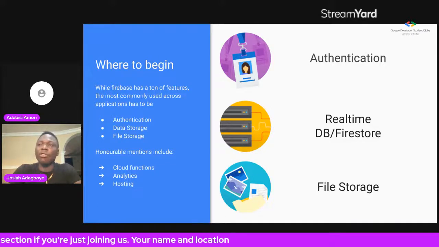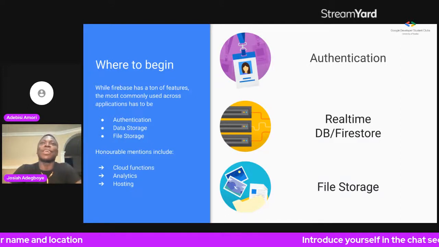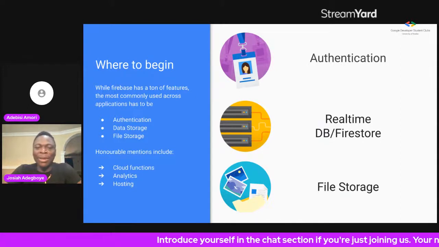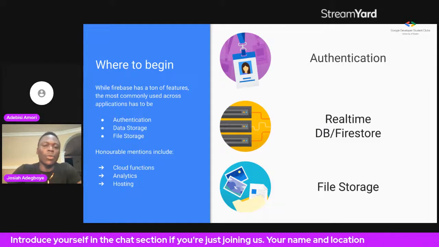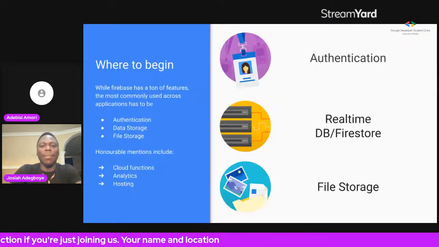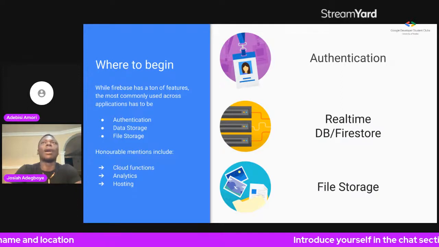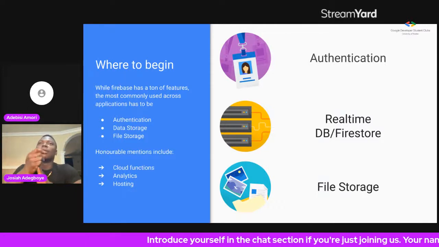So if you're wondering where to start, logically, if you're building an app, the first thing you're thinking about is, how do I store data? I think before we think about anything else, think about how you store data. And the way to do that is, Firebase has data storage options: Realtime DB and Firestore.